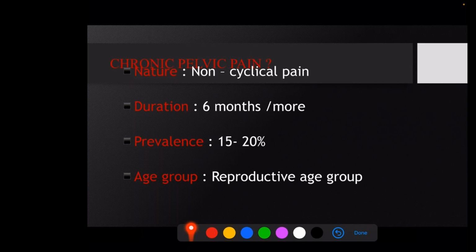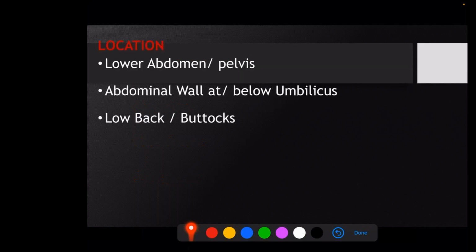But the prevalence of endometriosis is predominantly seen between 30 to 40 years. But here also, CPP can occur as early as 18 to 50 years. Pain may arise from pelvic organs or refer to the pelvic area. Pain should involve the pelvis, abdominal wall at or below the umbilicus, lower back, and or buttocks.